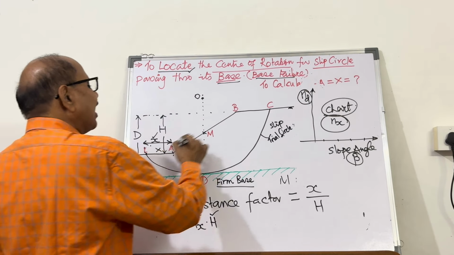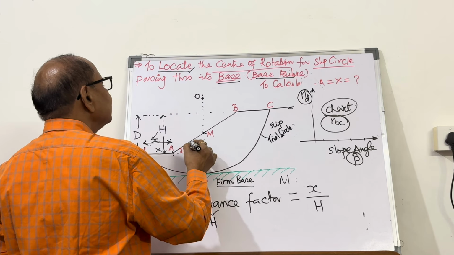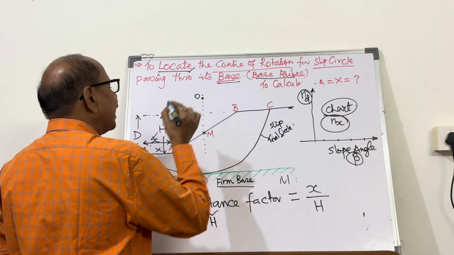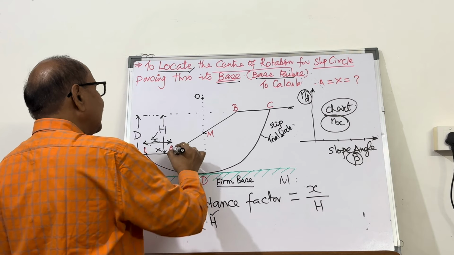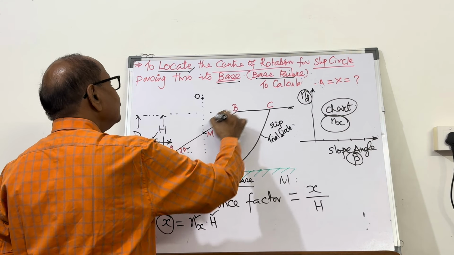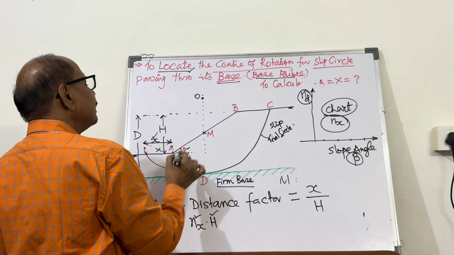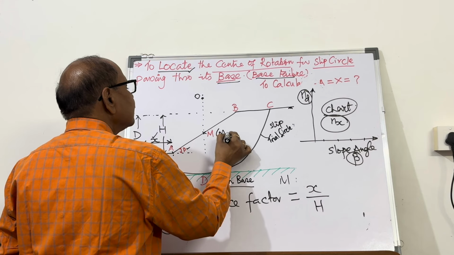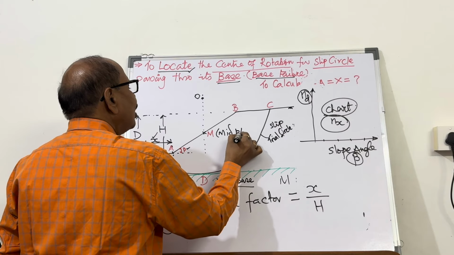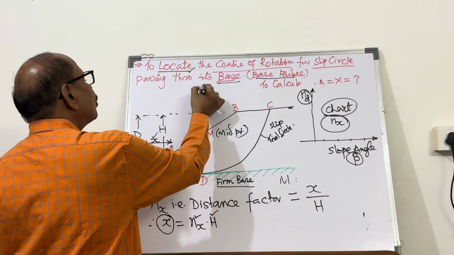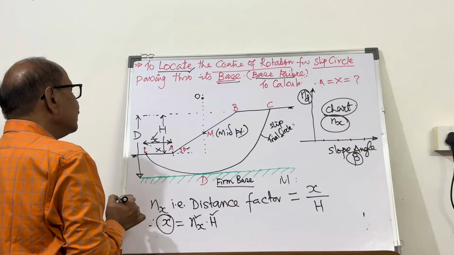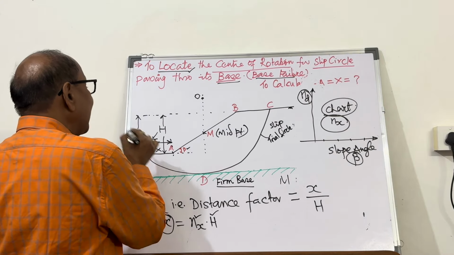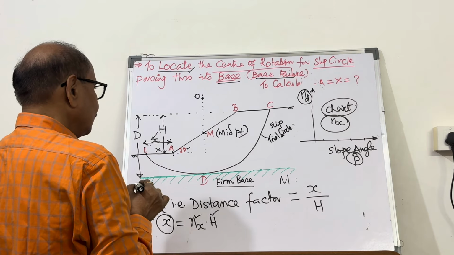Now, you divide this AB such that M is the midpoint, so that AM equal to BM. So M becomes the midpoint. Having got this midpoint, draw a vertical. Now, this point E is fixed.